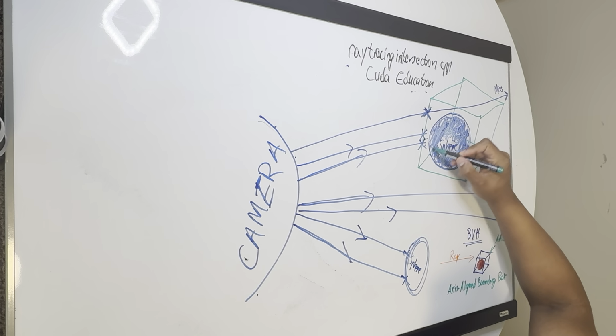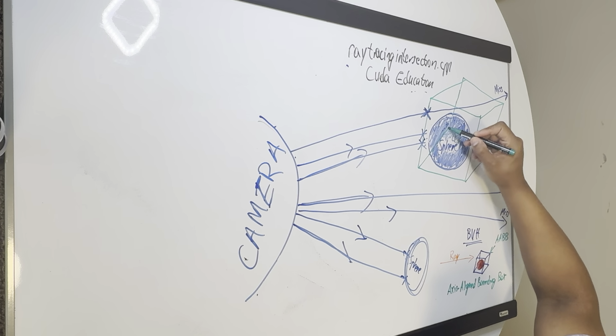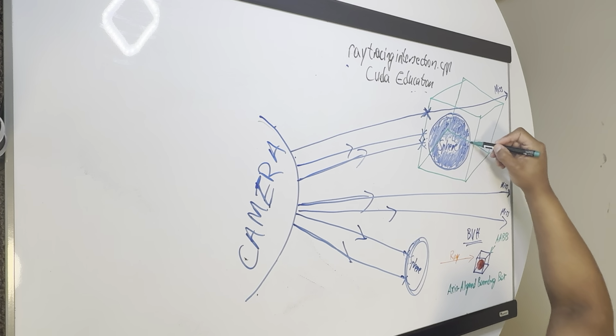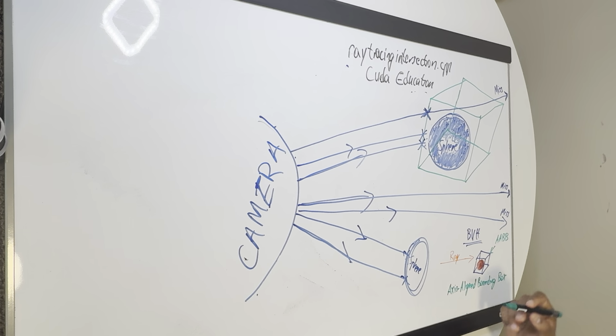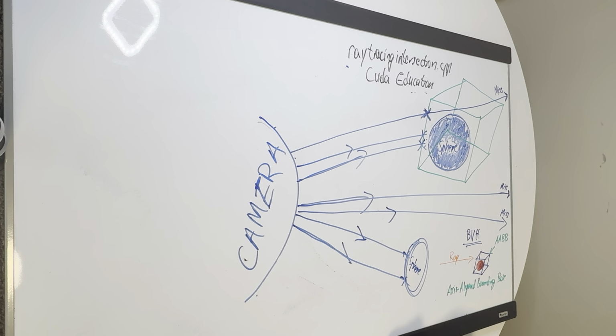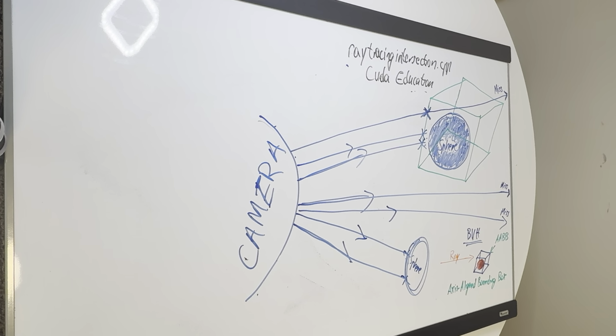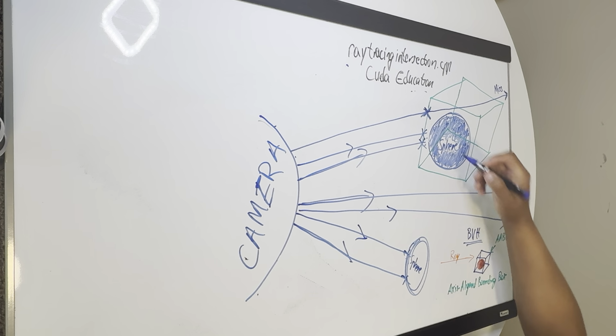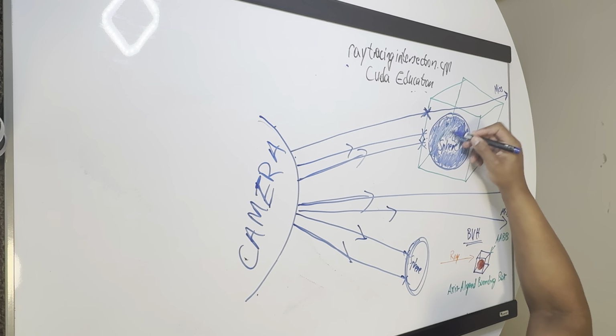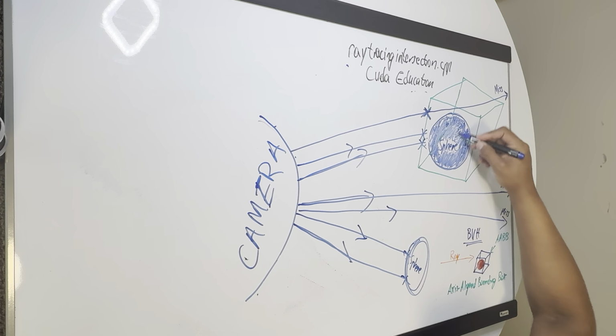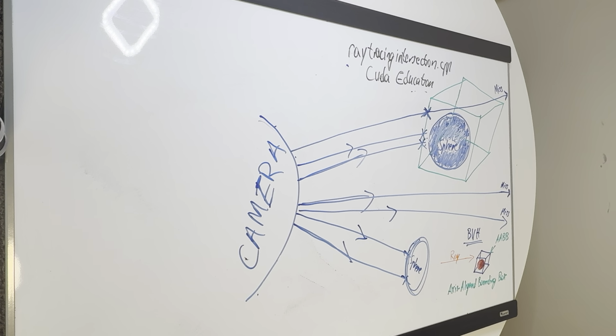So remember, we have our bounding box in the background, and we have our sphere, right? So the sphere is inside of the bounding box. Maybe I should just color it out. Yeah, I think that's better, right? So we have our sphere inside of our bounding box.